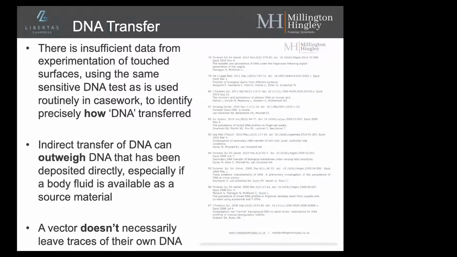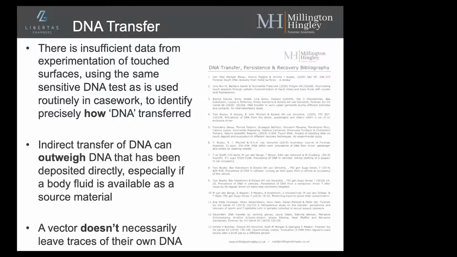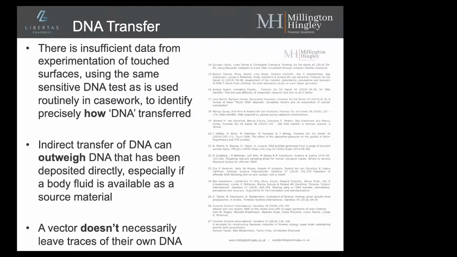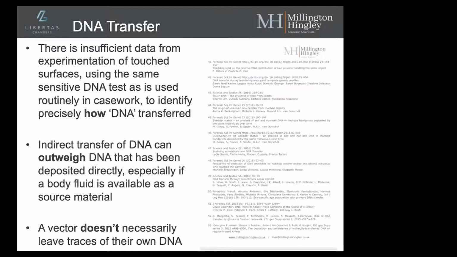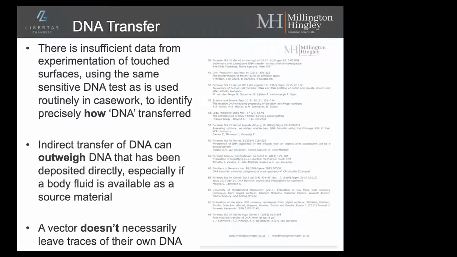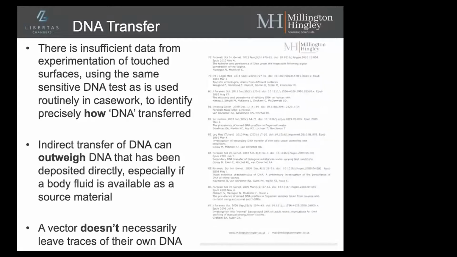And if we don't know what was there in the first place, then how can we know whether or not a body fluid was in the sample when we took a swab of it, or analysed it in any great detail? So that's something to look out for. If a full body fluid examination has not been carried out in a case, then you're in a bit of a black hole, because you don't know what you were dealing with at the start.